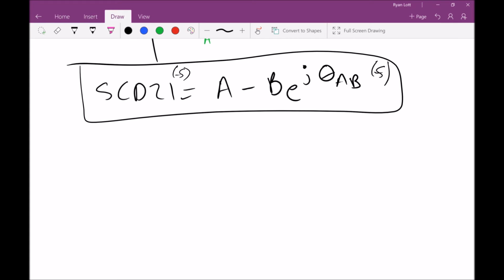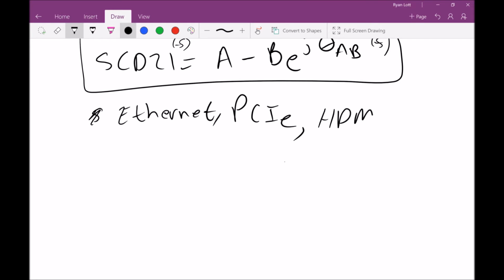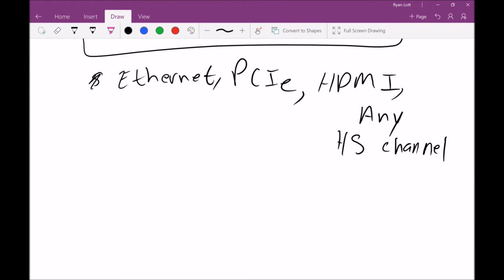So now we're going to get into the good stuff. Most of the time when we're measuring high-speed differential devices, whether it's Ethernet or PCIe or, what's another one, HDMI, or just, for that matter, any high-speed channel, all this matters.